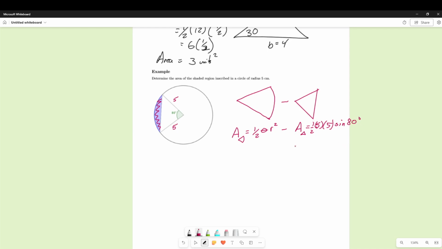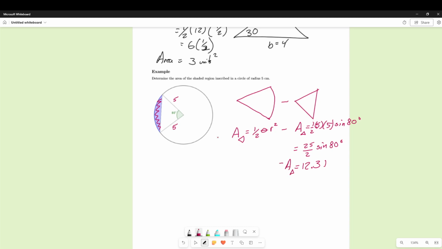So let's go ahead and do that triangle real quick. That triangle would be 25/2 times the sine of 80 degrees, which, if we want a decimal approximation, this is our new tool here, so do that one first. 25 divided by 2 is, of course, 12.5 times the sine of 80 degrees is, what, 12.31? 12.31, area of our triangle.